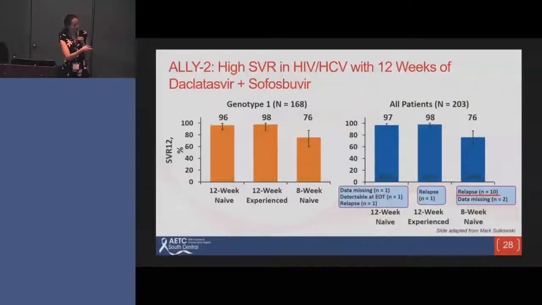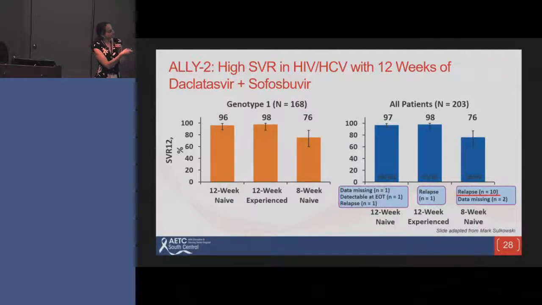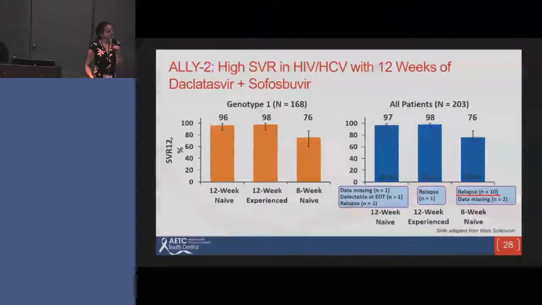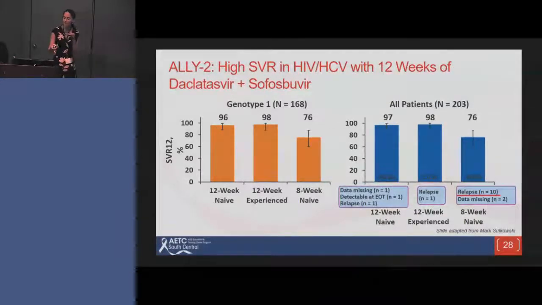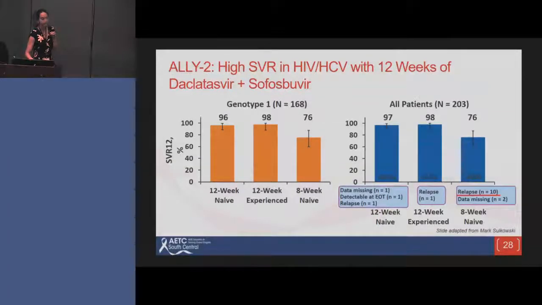The 8-week treated participants did not do as well, 76%. And you can see in the far right what happened with these people. So essentially, this is all patients compared to just genotype 1, and there were 10 relapses in the people who were only treated for 8 weeks, compared to 1 relapse in the other 2 groups.